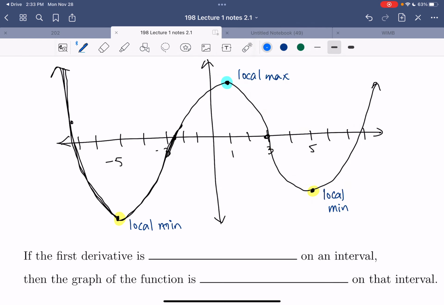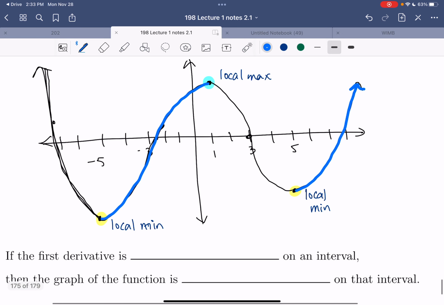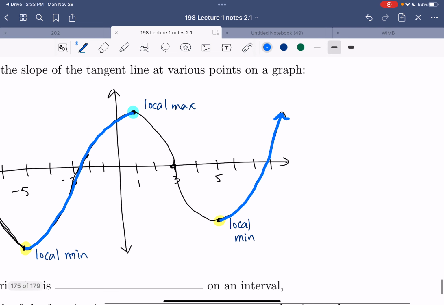This function is increasing from here all the way up as we move left to right till you hit there, and then it starts dropping again. And from our low point here, we're increasing as we go left to right. So on those two intervals, we are increasing. And I didn't leave myself a lot of room, so I'm going to go over here to the side and jot some things down.